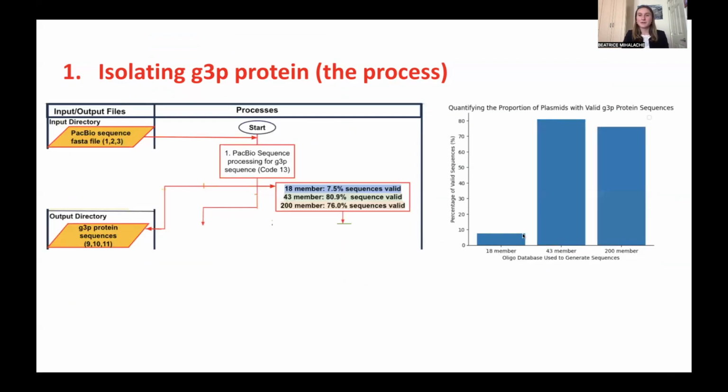And this already gave insight into the efficiency of the library assembly, as the 18-member derived library had a clearly lower quality of G3P protein results, while the 43 and 200 member had better results, indicating the number of oligos used during the reference library creation is important.